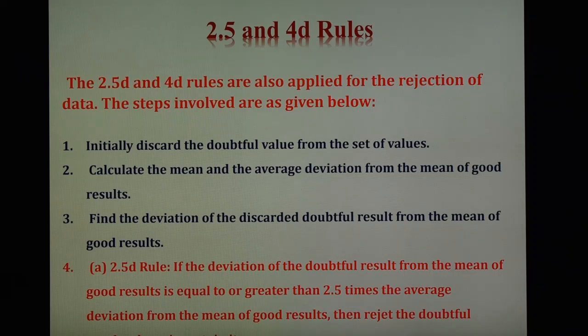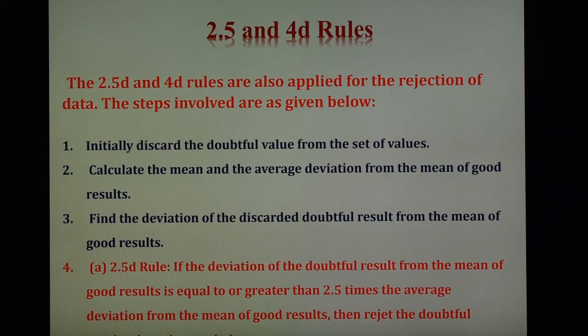Number 2, calculate the mean, and after that the average deviation from the mean of the good results. So after that we have to find the mean and average deviation. Number 3 is find the deviation of the discarded doubtful result from the mean of the good results. So what is the difference between the mean and the suspected result.